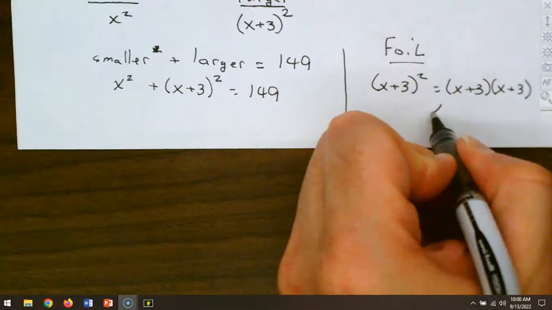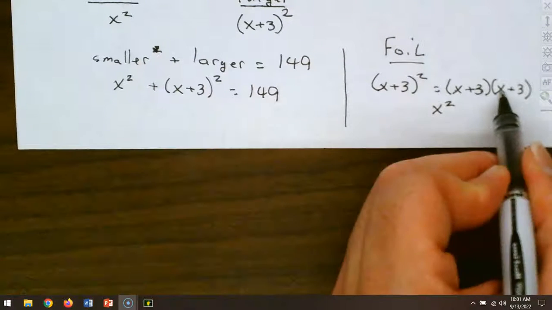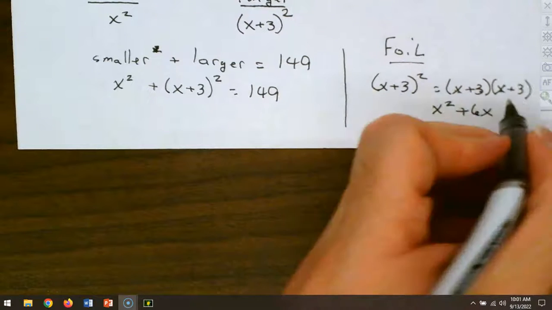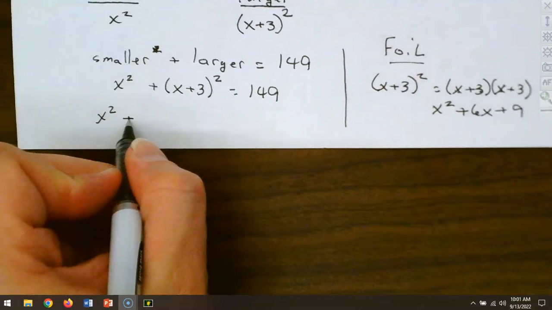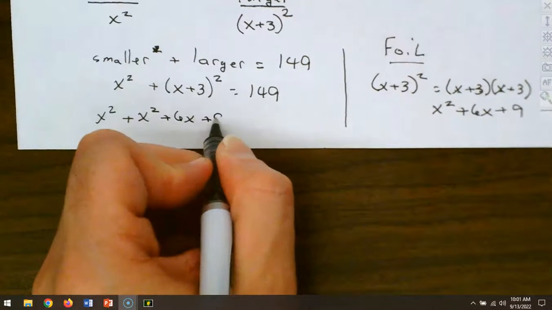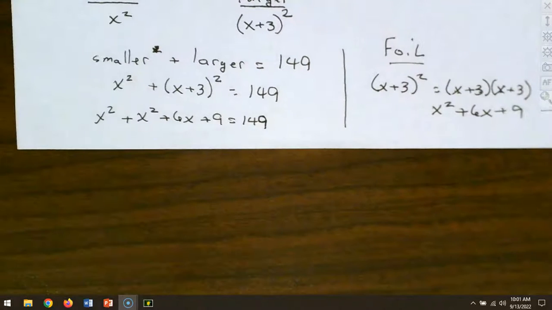If I FOIL this out, first times first is x squared, 3x and another 3x makes it 6x, and 3 times 3 makes it 9. So that's what we've got so far. All I did was write the grouping over to the side and square it out. And now we can finish it.